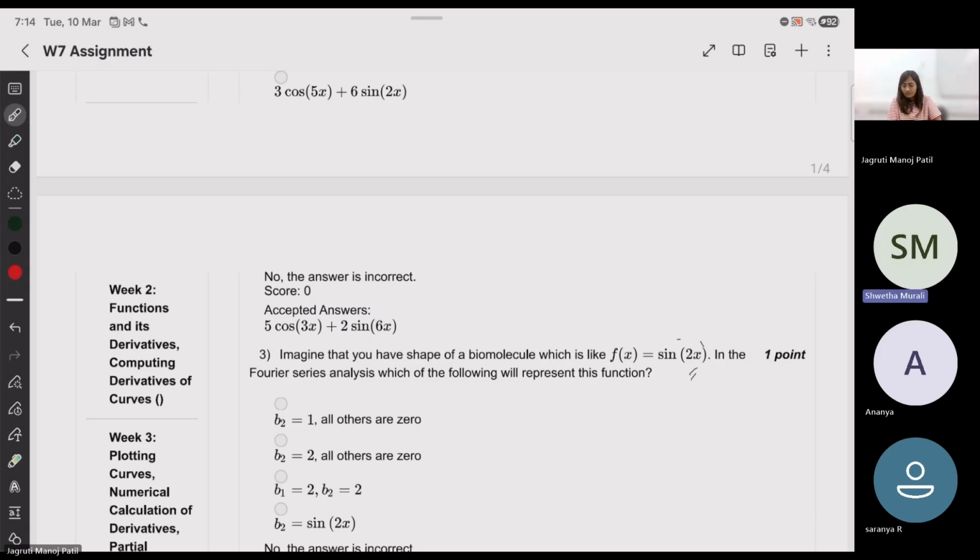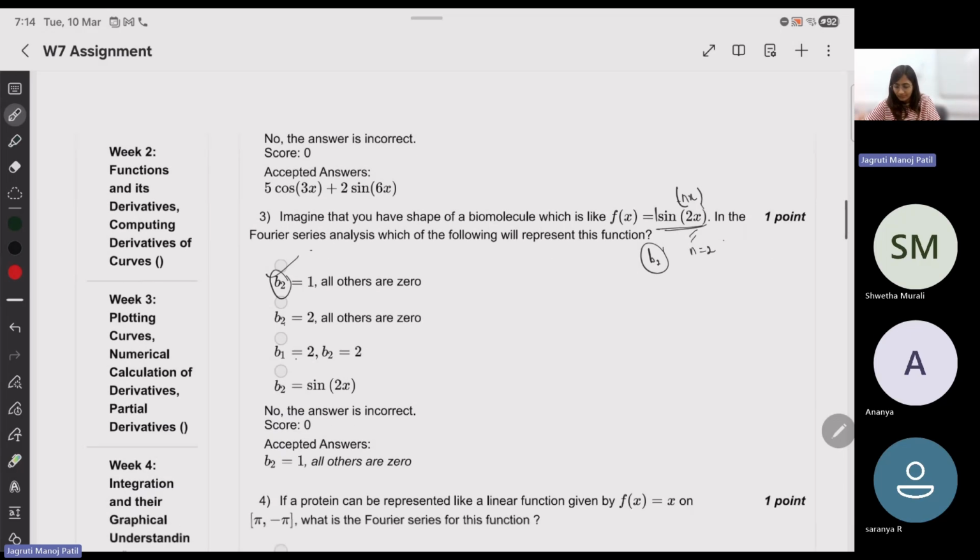The first option. Why the first option? Because here you only see sine of 2x. This is like sine nx, n is equal to 2. So essentially you have to look at B2, and B2 being 1 here. So that's the only option.